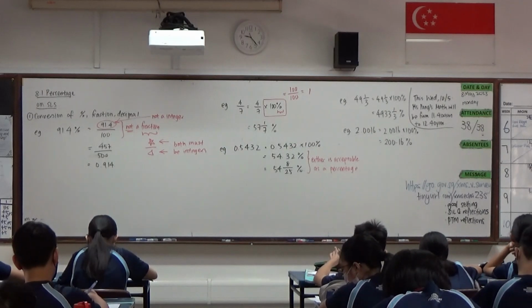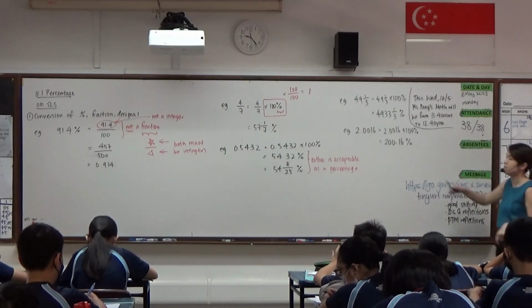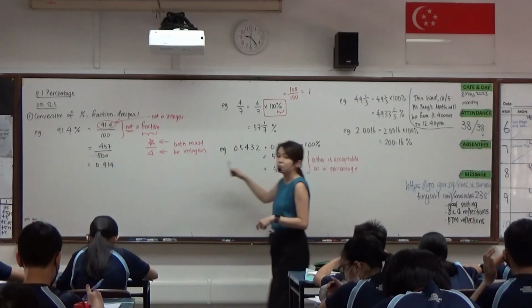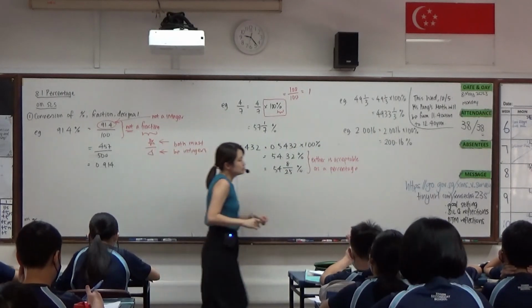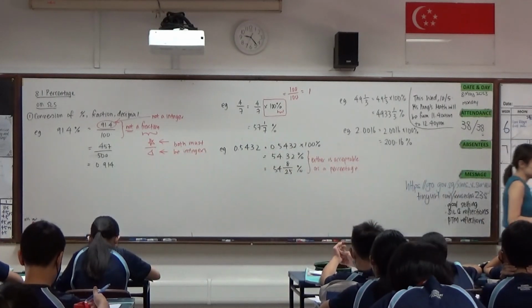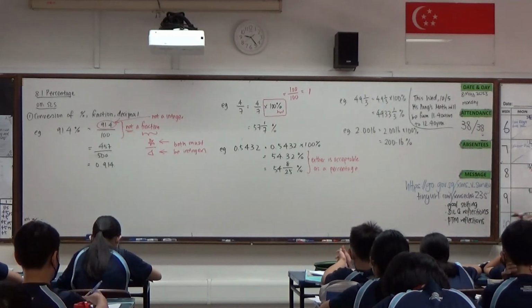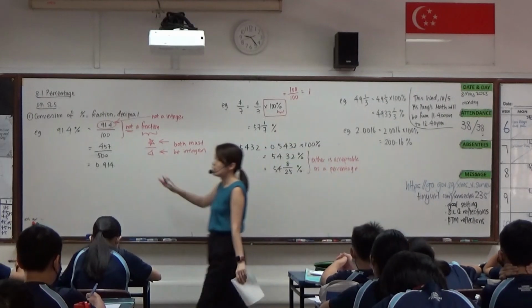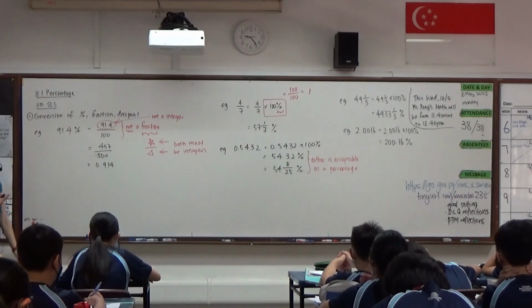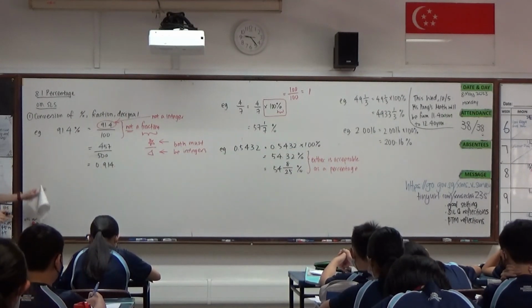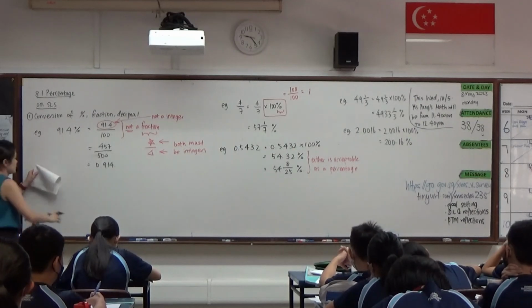So your percentages can definitely be more than 100. Need not always be stopping at 100 itself. So that's our very first skill that we covered in our SLS. Converting percentages to fraction and decimal.